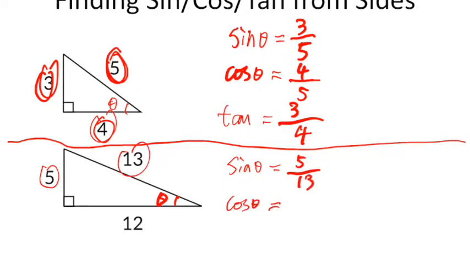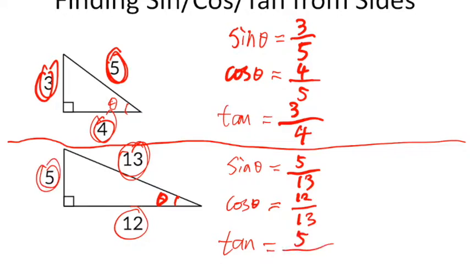Cosine theta equals adjacent side over hypotenuse. And tan theta is opposite side over adjacent side. So pretty easy.